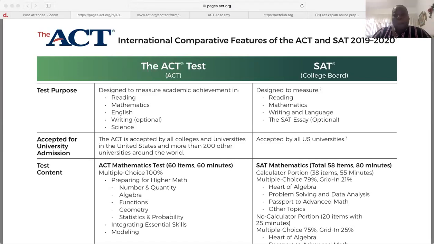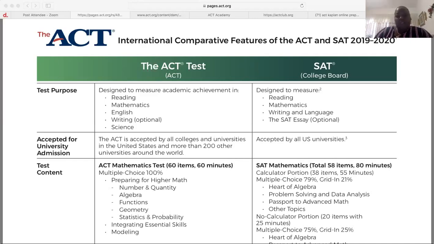The test purpose for both ACT and SAT is the same. The difference is with the ACT, there is a science component that's built into the test. So there's 4 mandatory sections: reading, mathematics, English, and science, and 1 optional section, which is the writing. And SAT does have that optional section as well.